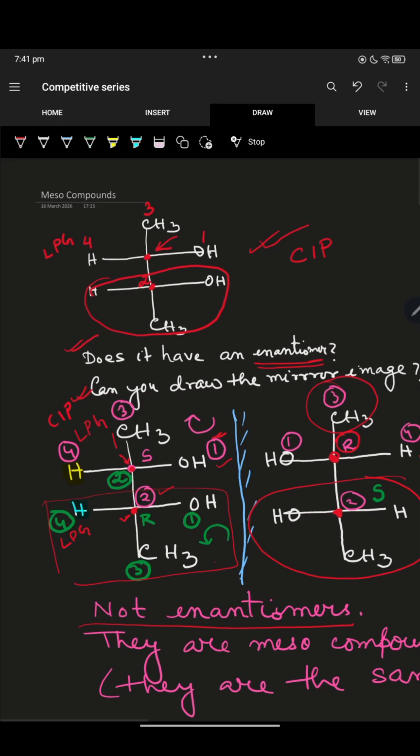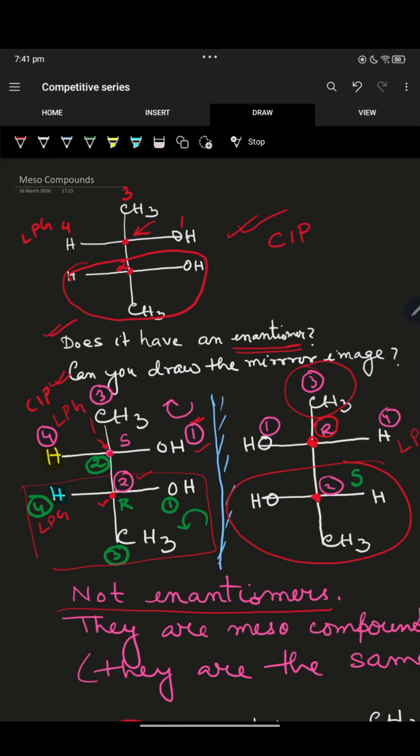in the horizontal position. Now when we see the priority sequence from 1 to 2 to 3, it is coming in a clockwise manner. As per the CIP rule, a clockwise manner would mean R configuration around the first chiral carbon. But since the LPG, this hydrogen, is in horizontal position, it gets reversed and we have S configuration over here.